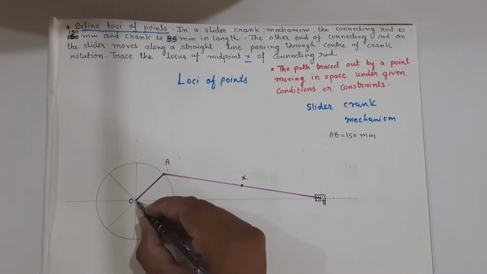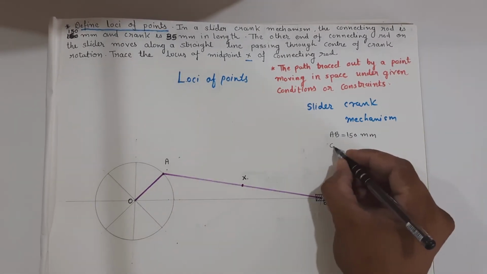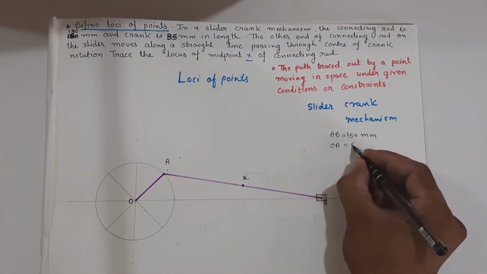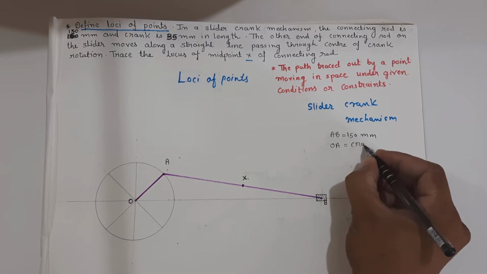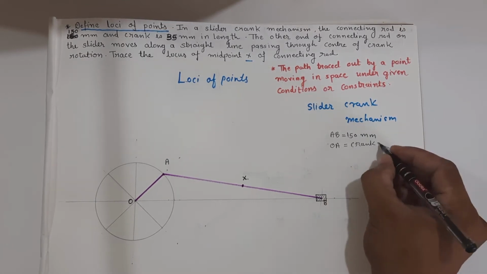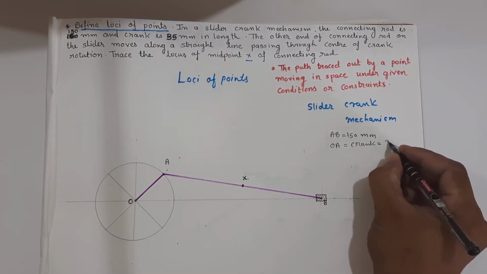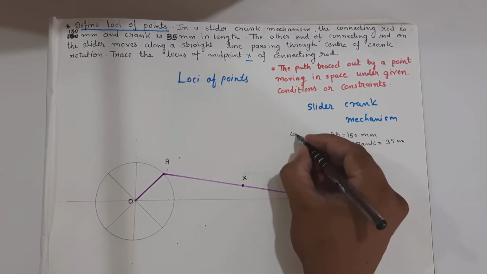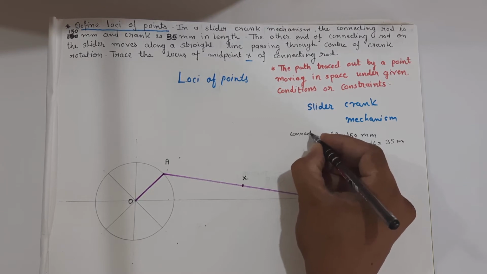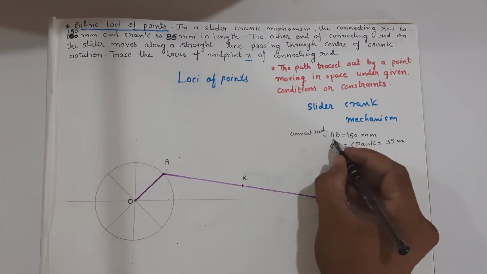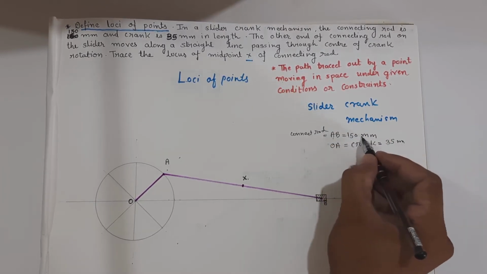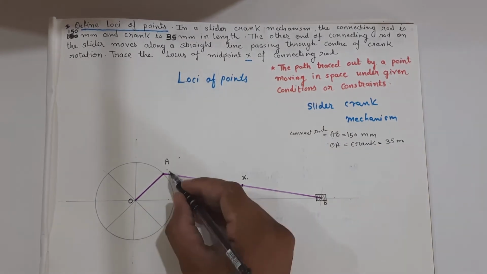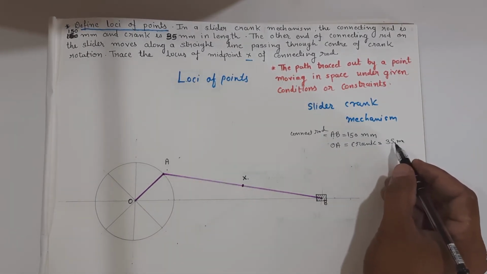So we can say that OA is a crank and it is equal to 35 mm, and AB is our connecting rod.